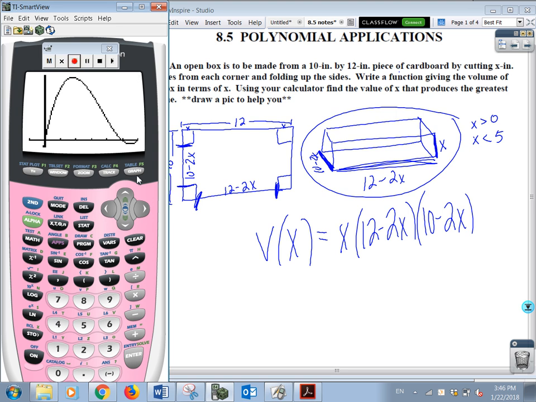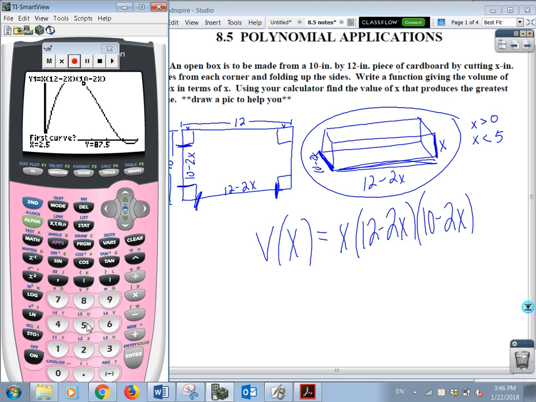We don't care about anything to the left of the y-axis or anything below the x-axis, because negative volumes and negative side lengths don't make sense. So all we care about is that little parabola-looking thing between 0 and 5. And now we want to find that high point.